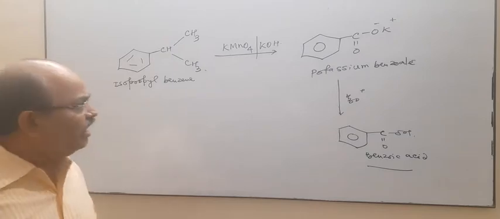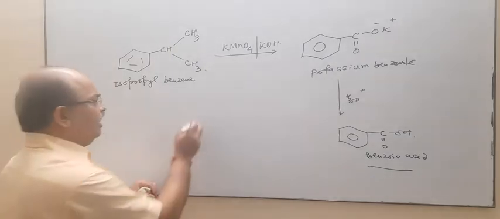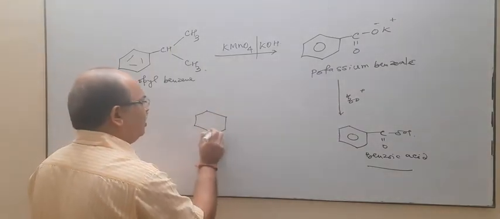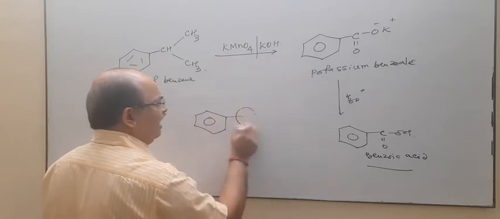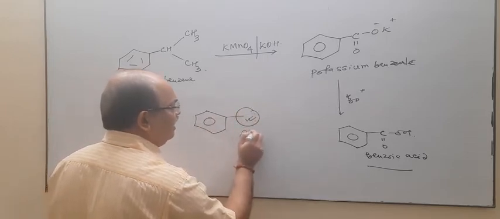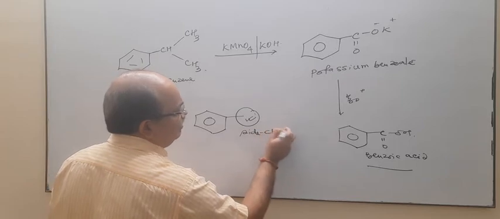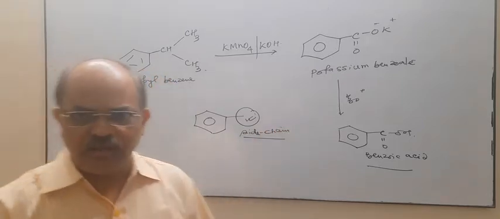So this is the use of this reaction: if this is the benzene ring, whatever be the side chain, the whole side chain is converted to the carboxylic group.